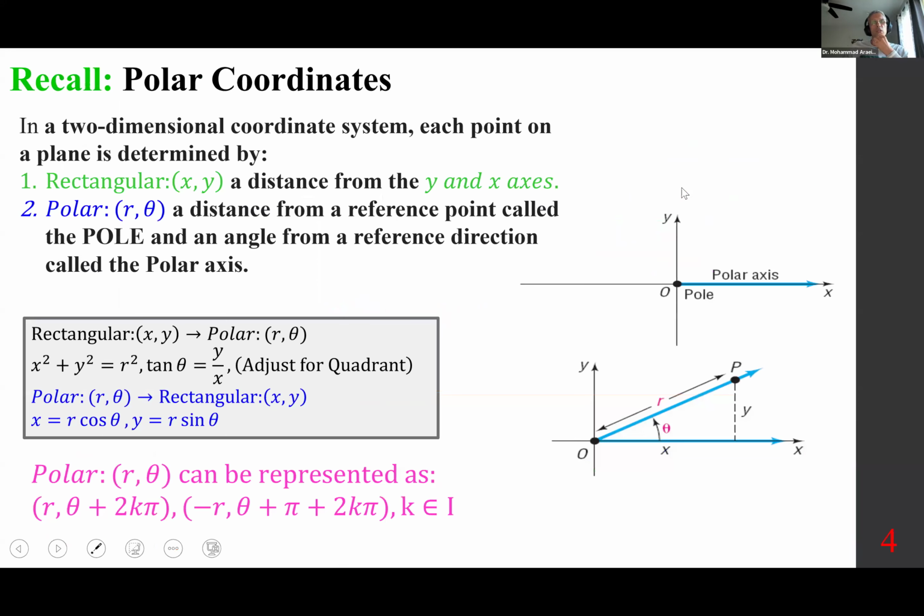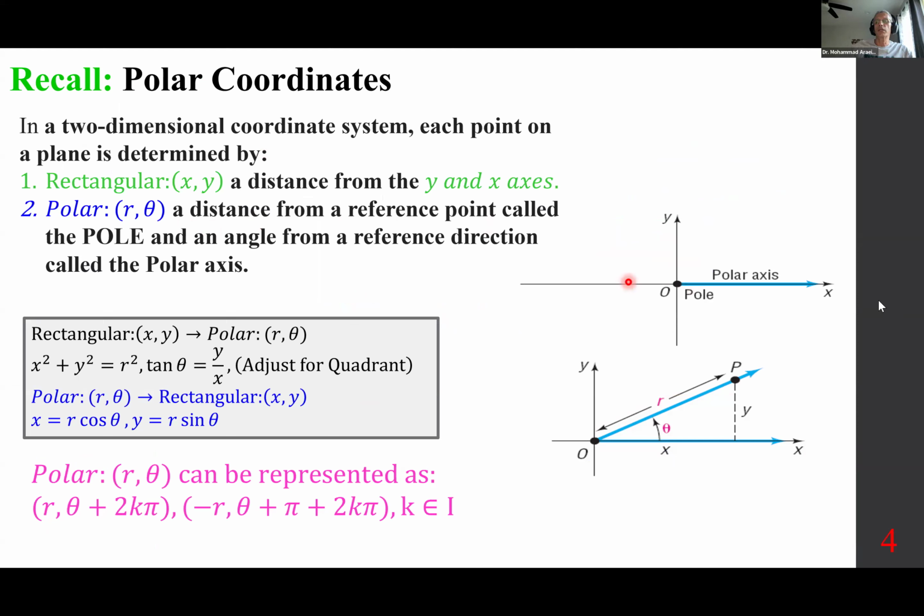So what did we learn about polar coordinates? In a two-dimensional coordinate system, each point on a plane is determined by, number one, rectangular format x comma y, a distance from the y and x axis, or number two, polar, r comma theta, a distance from a reference point called a pole.